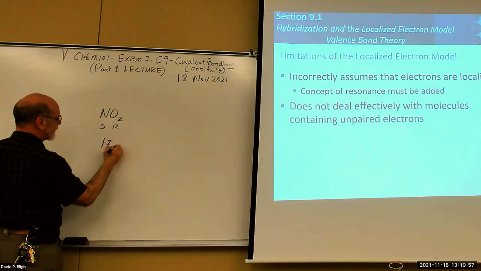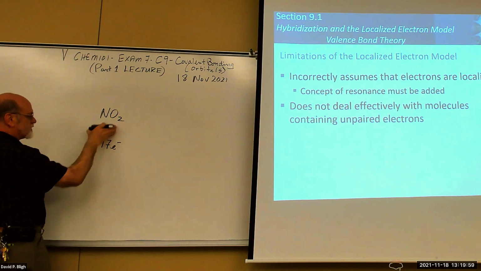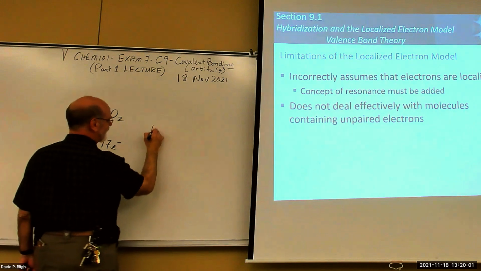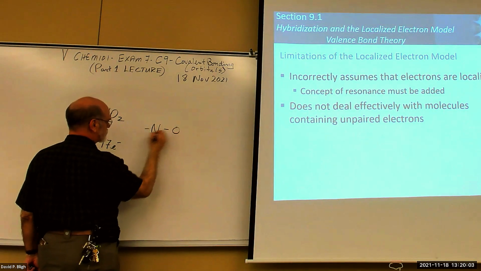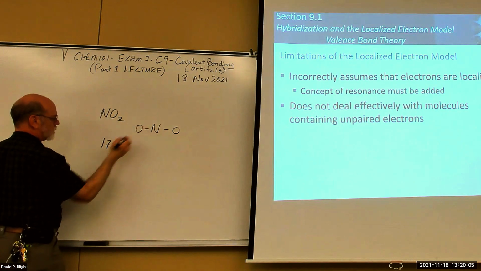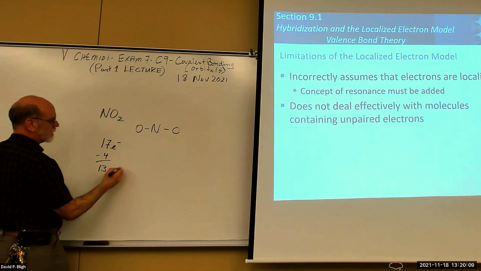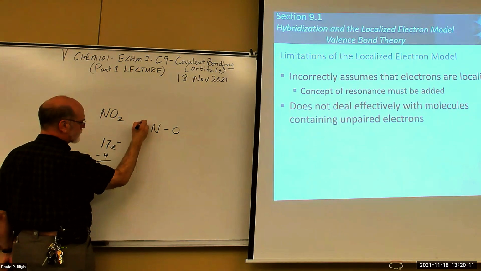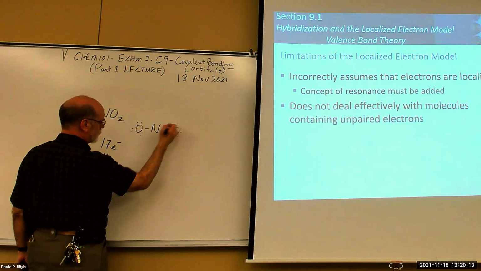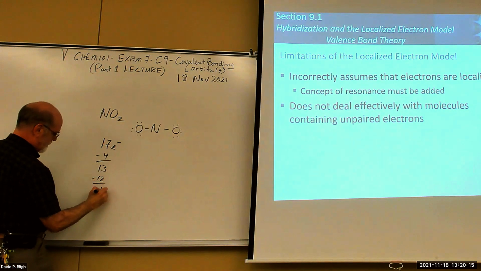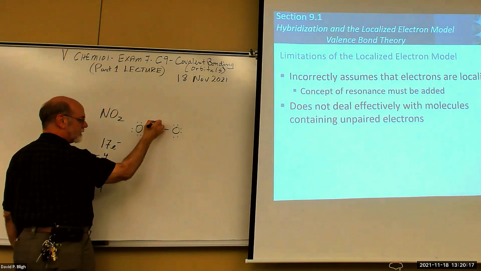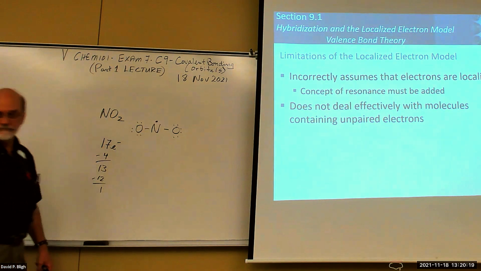So we have 17 electrons that we have to position. Nitrogen is in the center. So we have 2, 4, that's 13. So 2, 4, 6, 8, 10, 12. We've got 1 electron left. We have to put it on that nitrogen.